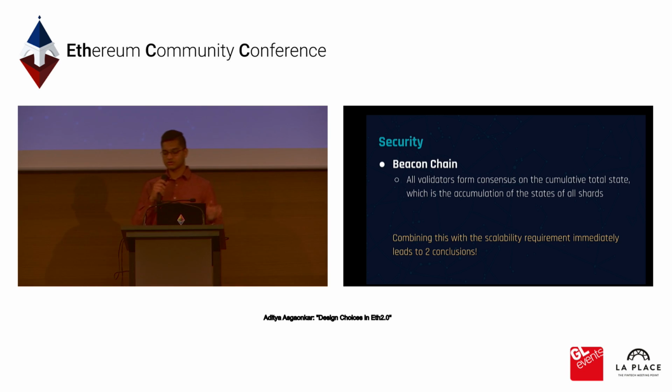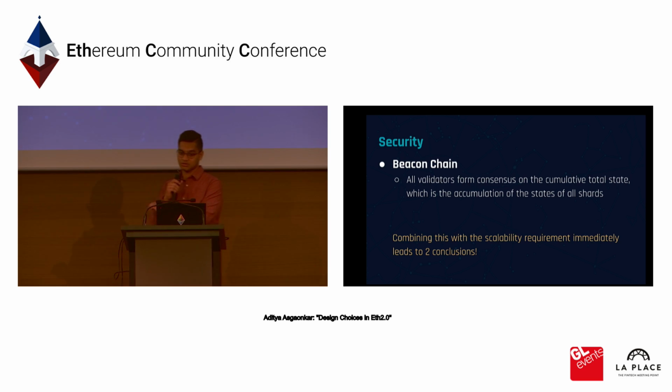So all nodes form consensus on the cumulative state of all shards, which is some accumulation of states. We'll see whether it is just plain concatenation of state or some other type of accumulation which compresses it.